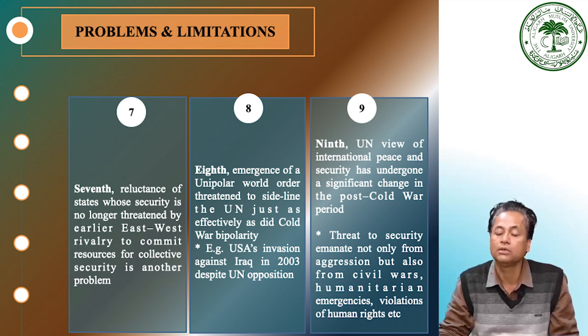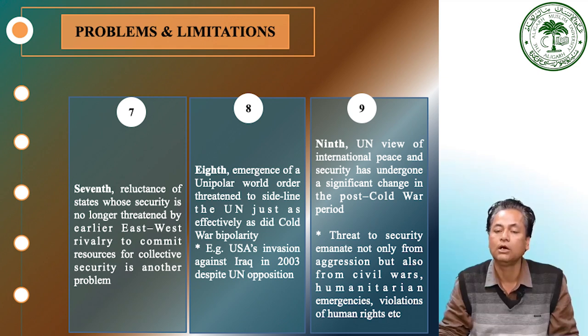The Iraq War in some ways demonstrated the emergence of the United States as the only superpower of the world, because it decided to go ahead with its plan to invade Iraq in 2003 despite the opposition by the United Nations. But despite this UN opposition, the Americans went ahead with their plan to invade Iraq.